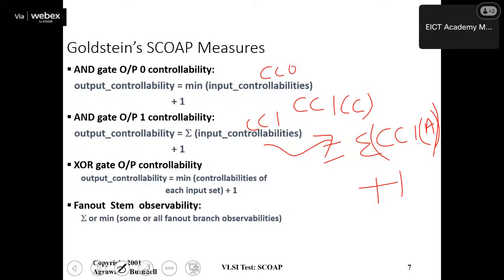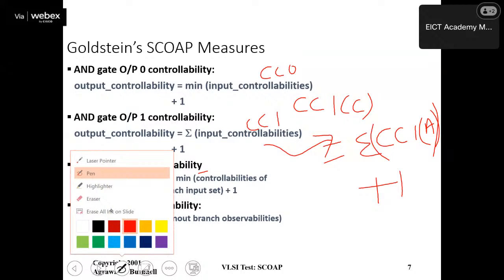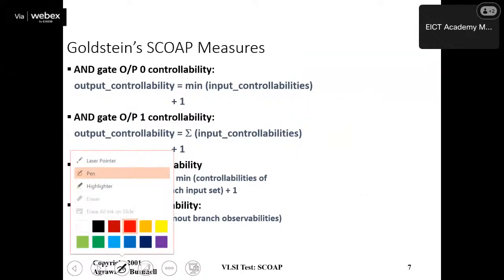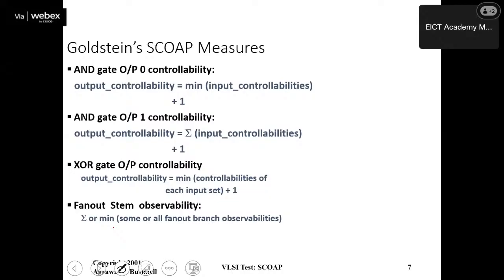And likewise for OR or XOR gate. So for the XOR gate, how can you have it? First of all, you have to bring the truth table. Output controllability will be the minimum controllabilities over each of the gate input sets. For example, let's say you have the XOR gate.